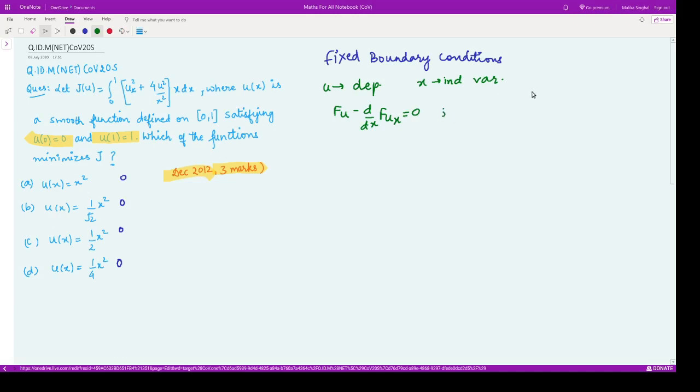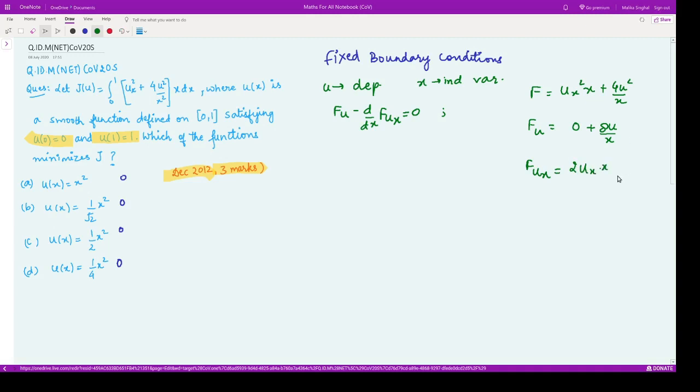So let me write what f is. F is u_x squared multiplied by x plus 4u squared divided by x. So let me calculate its derivative with respect to u. It would be 0 plus 8u divided by x, and the partial derivative of f with respect to u_x would be 2u_x into x.